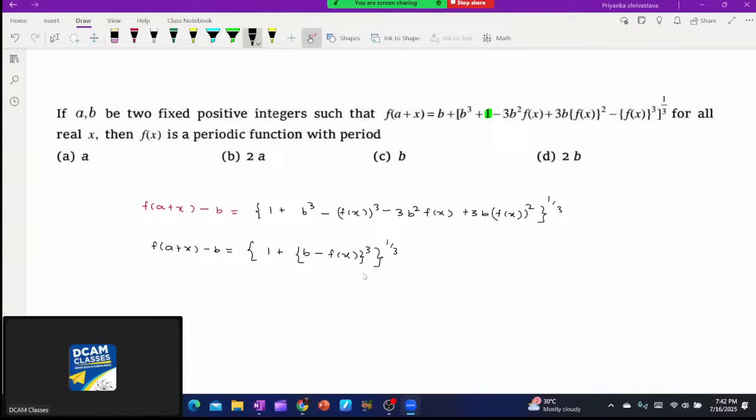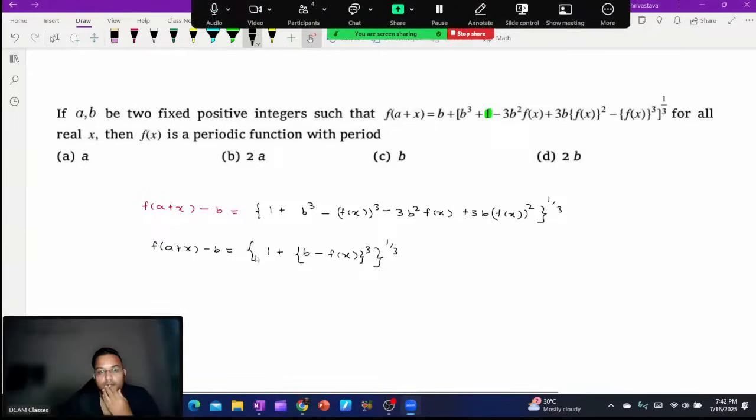No, sir, you cannot. Acha. Now if I take f of a plus, sorry, if I try to find out 2a, let me substitute. F of x we have to find if it is periodic or not. F of 2a plus x will be what?